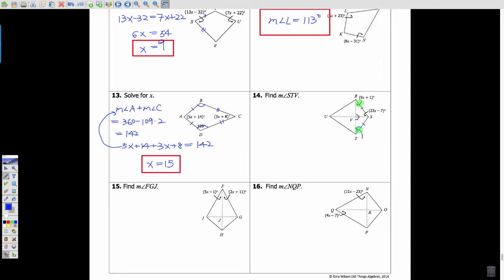I know that this is 90 degrees, therefore my setup should be 9x plus 1 plus 23x minus 7 must be 90 degrees. If you do that, x comes out to be 3. And now if you plug in 9x plus 1, the measure of angle STV is 28 degrees.